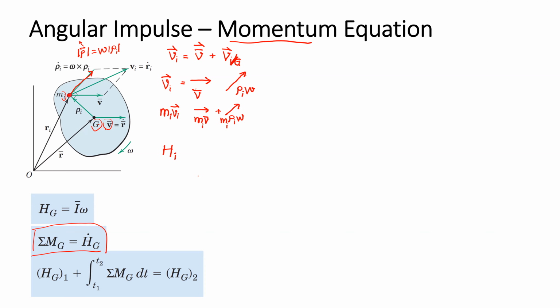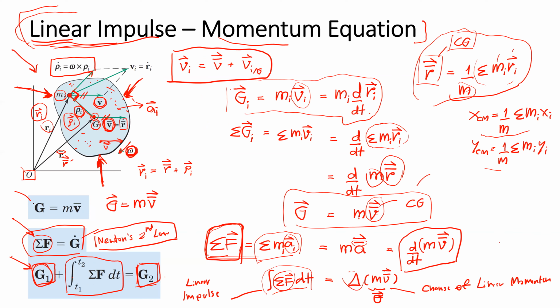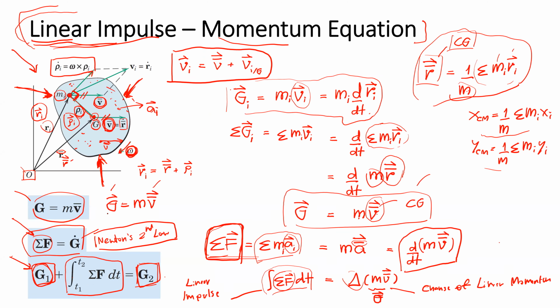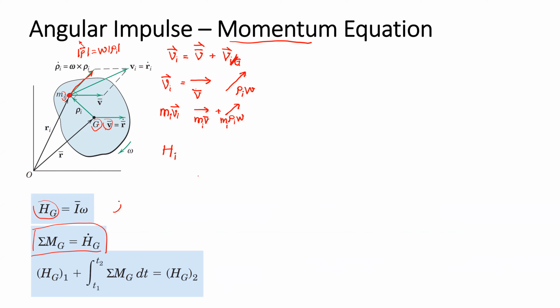If you see the linear momentum, they write it in vector form. But in this slide, for the angular momentum, we are writing in scalar form. We just consider the direction, positive and negative, because this rigid body is moving on a plane.